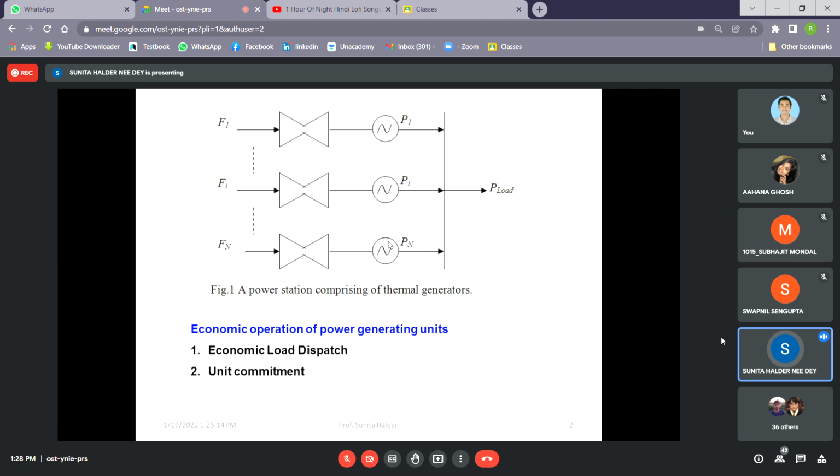Actually, the power plant operator will decide, because they will send the prime mover input to the turbine, right? So they will schedule that one.